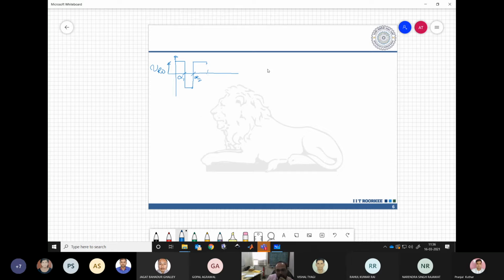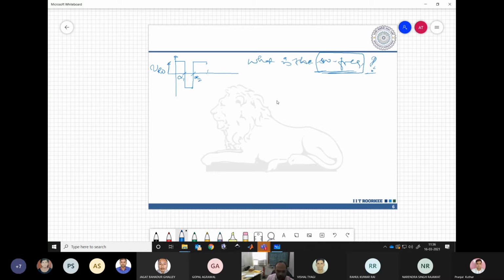Now someone asks you, for these waveforms, what is the switching frequency? This is a very important term because switching frequency is something which is very, very critical when we are designing our motor drive or any other power converter.